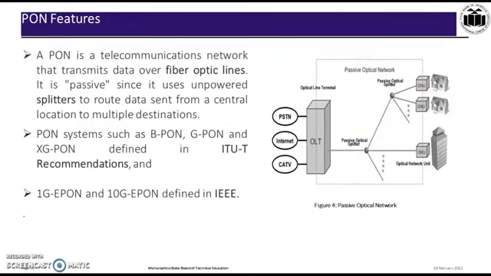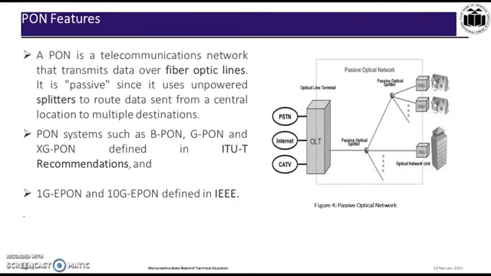Now moving towards the PON features. PON, that is the passive optical network. A PON is a telecommunication network that transmits data over fiber optic lines. It is passive since it uses unpowered splitters to route data sent from a central location to multiple destinations, as shown in the diagram.